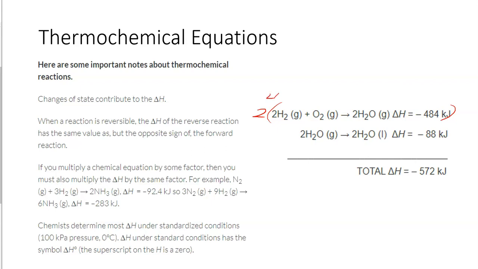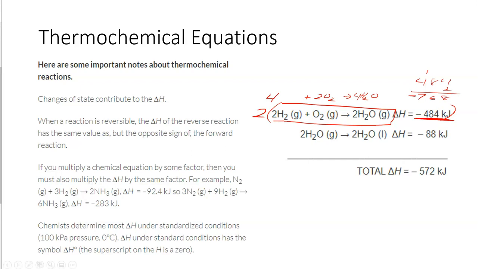So this would become 4H2 plus 2O2 yields 4H2O. And then I have to also multiply my 484 by 2. So what would that be? 968. So if you multiply the rest of the equation by 2, you have to multiply the delta H by 2 as well. That would be a negative sign.